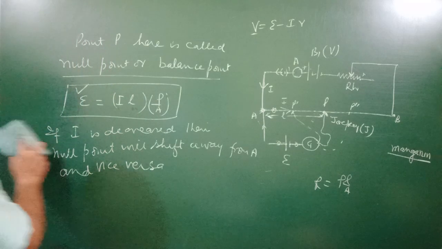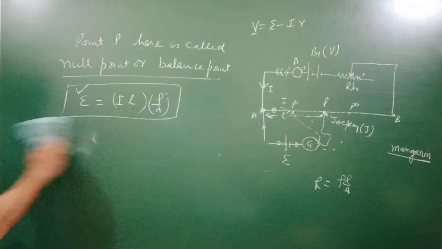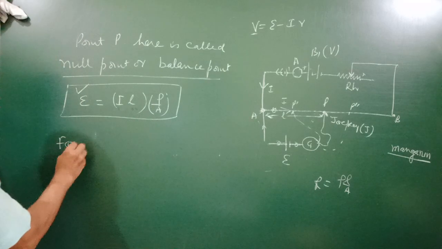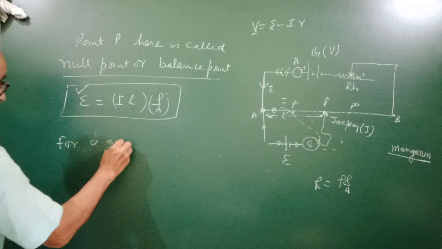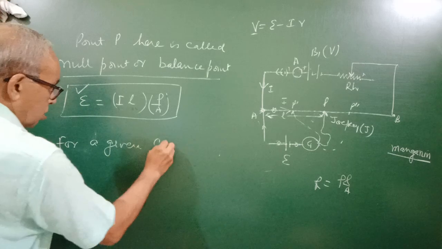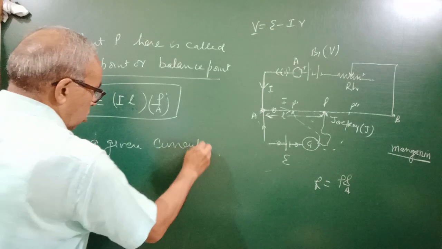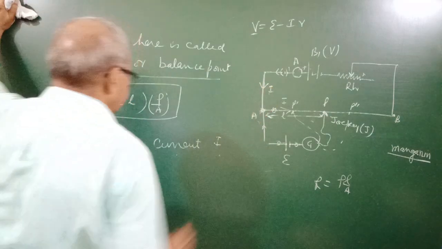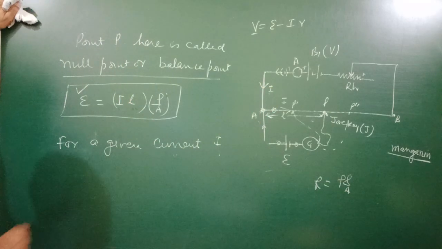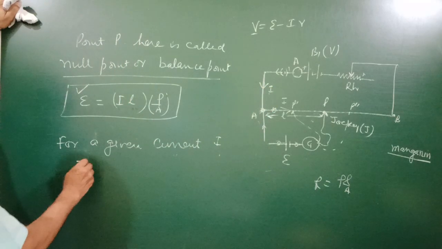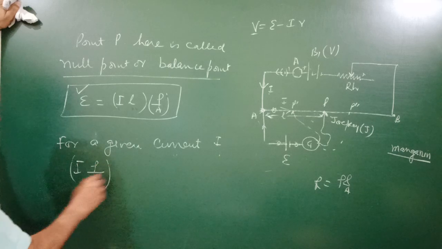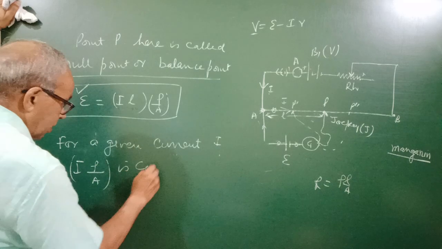Now I come here. For a given current I, I rho upon A is a constant.